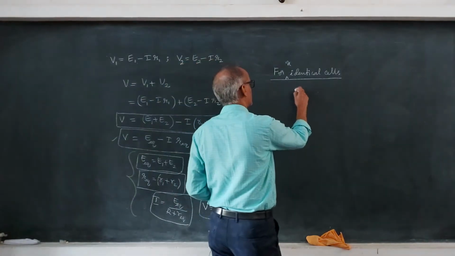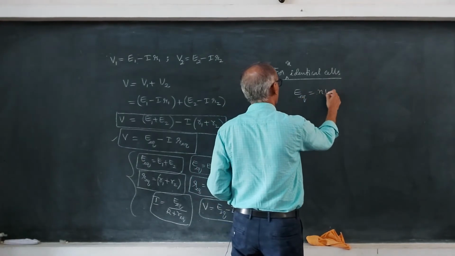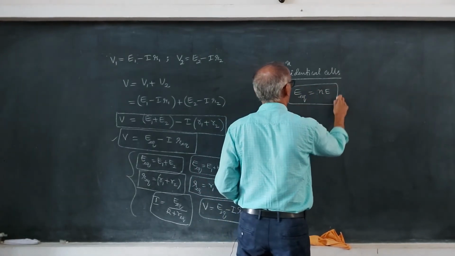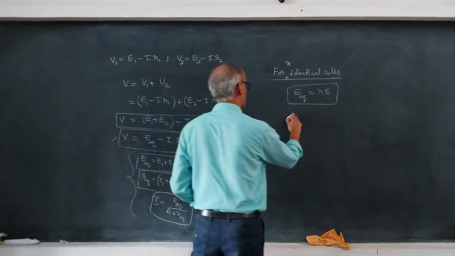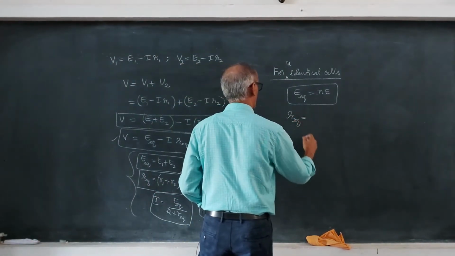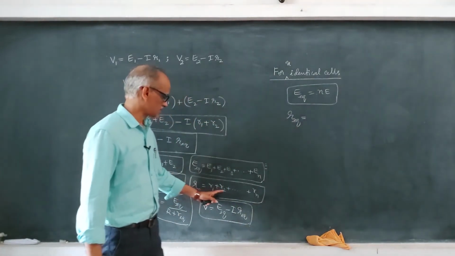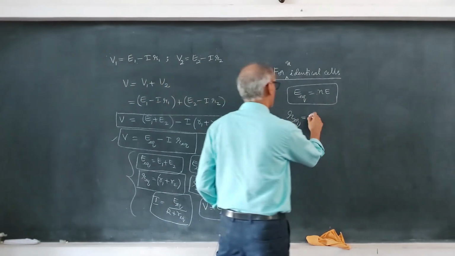That's why E equivalent is equal to n into E. What happens to the internal resistance, R equivalent? Again the same thing, it's R plus R plus R, so n such terms, it becomes nR.